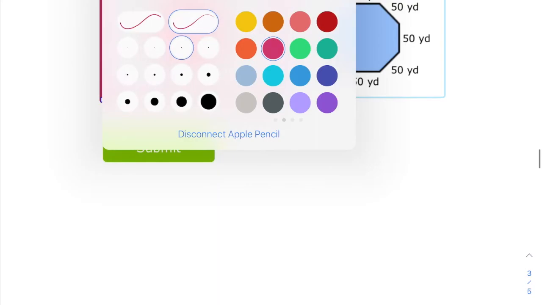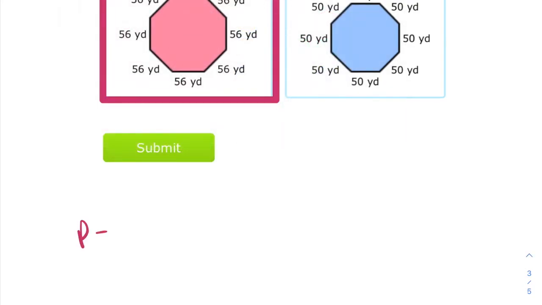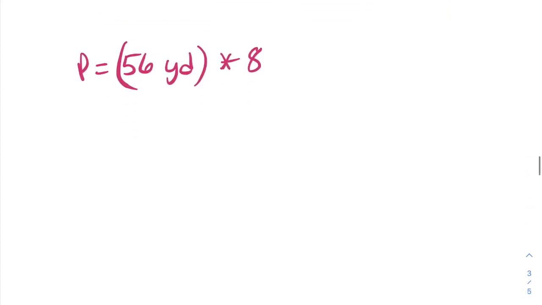So in this one, we're going to do perimeter equals 56 yards times 8. So 56 times 8 is 448. So perimeter equals 448 yards.